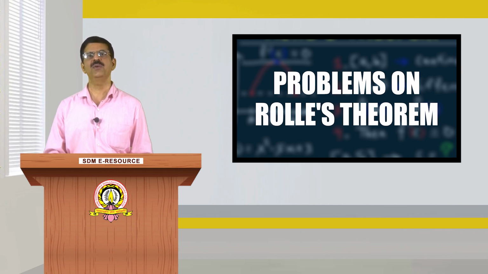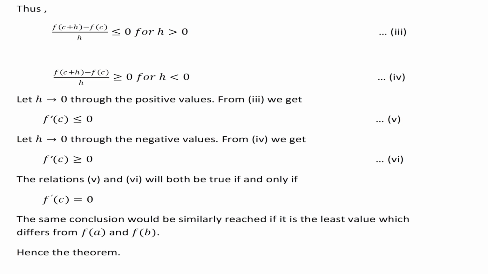the f dash of c value is equal to f(c + h) minus f(c) divided by h, as the numerator is negative and the denominator is positive. Negative by positive becomes negative.